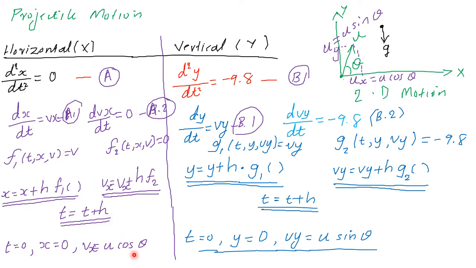So that means basically you need to solve 4 first order differential equations, 2 from equation A and 2 from equation B, namely A1, A2 and B1, B2. Okay, so this is how we proceed.